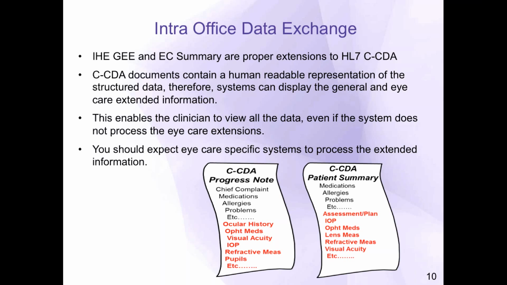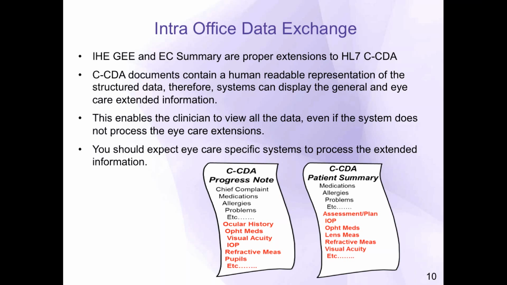Then you also have the assessment and plan, and the eye care summary. The whole goal is to conform to the many government regulations that your systems may already be certified for, but then include the extra eye care information that will help our users at a much higher level than just the general information.